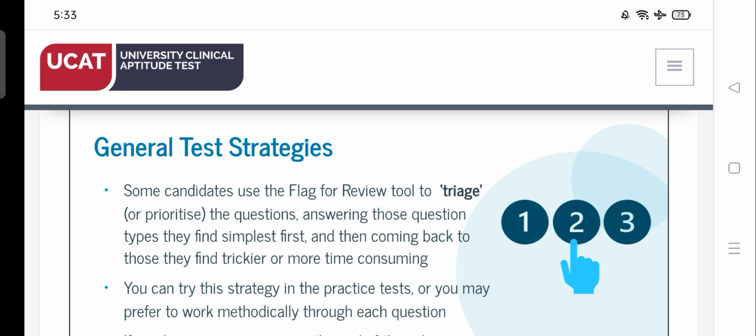Okay, this one is also a trick or a strategy to solve your questions. The questions that you find easier and less time consuming, you can solve first, and the remaining ones you can leave for review and solve at the end of the subtest. So the questions that are time consuming, trickier, or complex to solve, you can leave for review and then solve them at the last of the subtest.